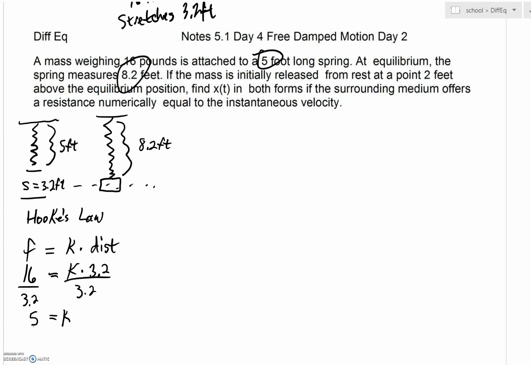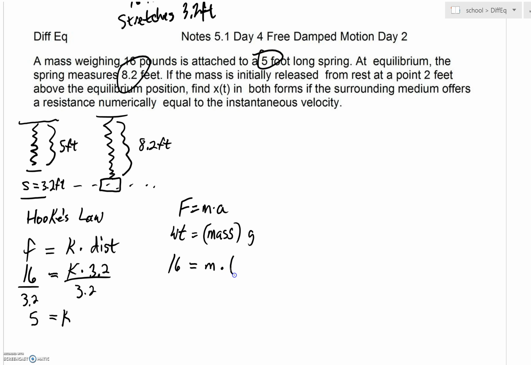We also need to know m, the mass. What we can go back to is Newton's second law, F equals ma. We can say that the weight, that's a force, would be the mass times the gravitational constant. We've got a 16-pound weight here, and we're looking for our mass.